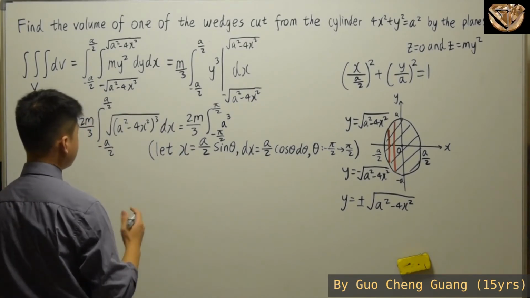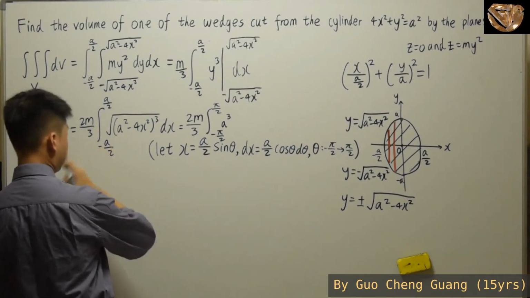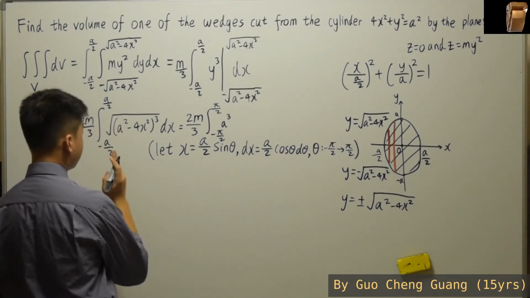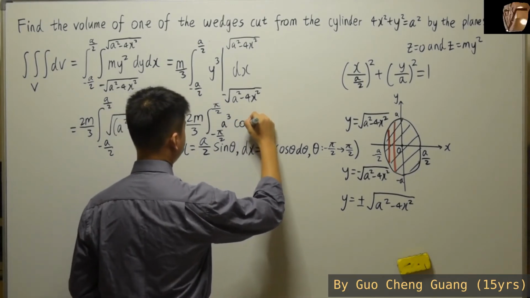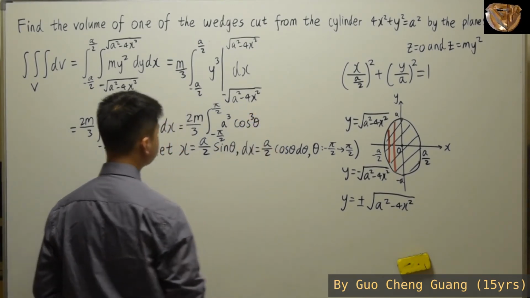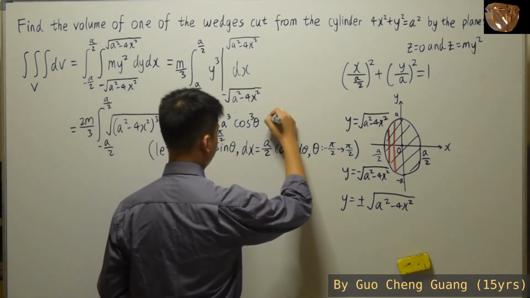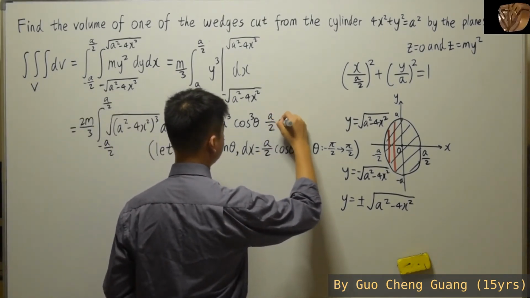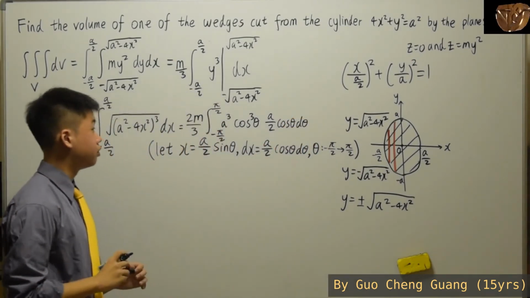And so since you're going to have square root and you took the a square outside, you are just going to have cosine cube theta. Alright? And then when you change the dx, you're just going to have another a over 2 cosine theta d theta. Right.